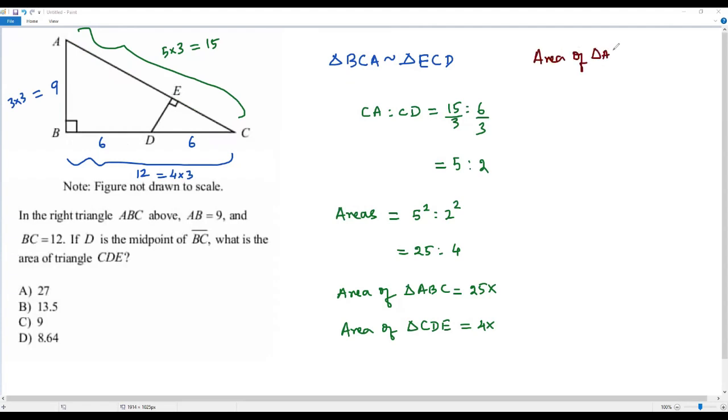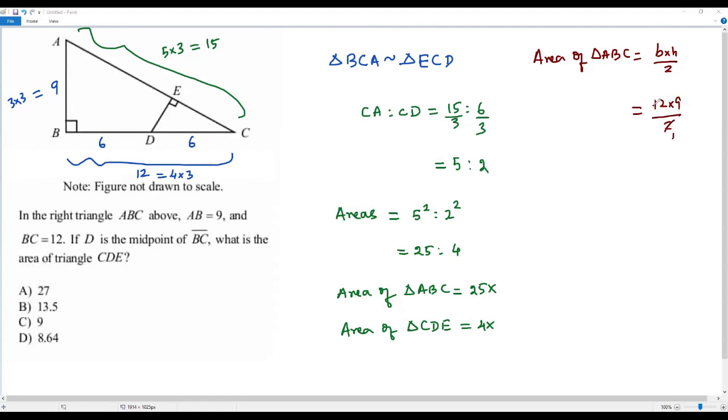Area of triangle ABC equals to, the formula is base times height divided by 2. So for the bigger triangle, right triangle ABC, the base is BC, the length of BC is 12. So we can plug in this 12 for base over here. And this leg AB represents the height of the triangle, its length is 9. We can plug in 9 for h over here, divided by 2.